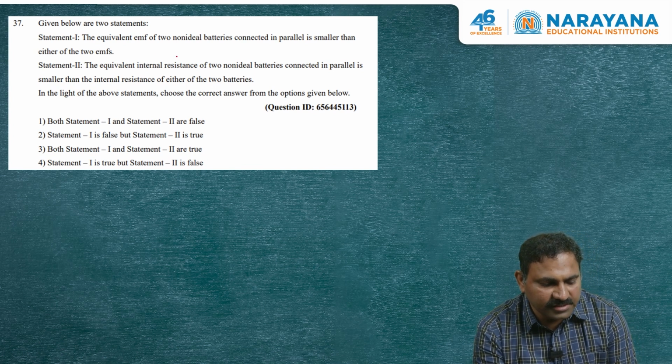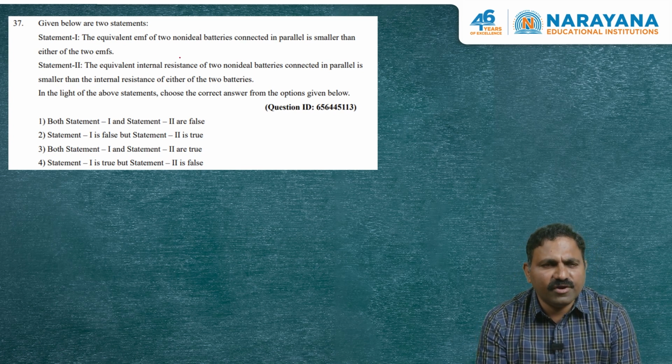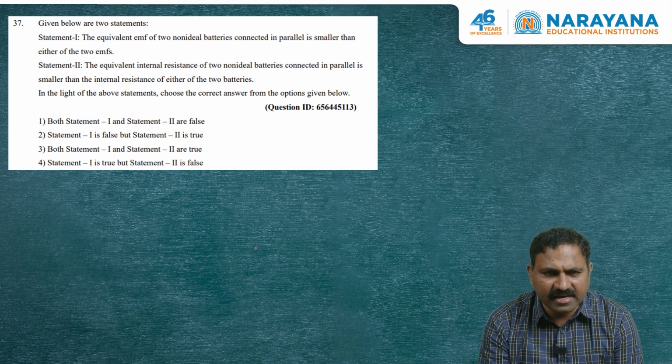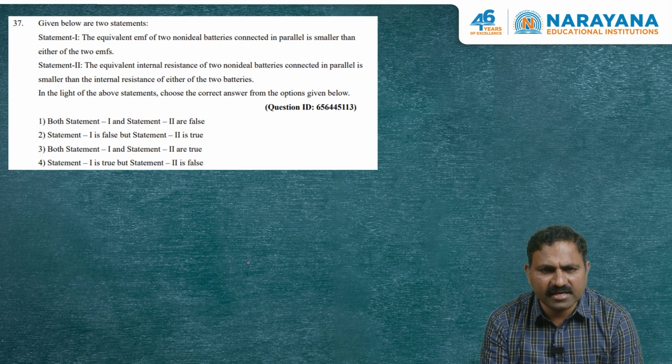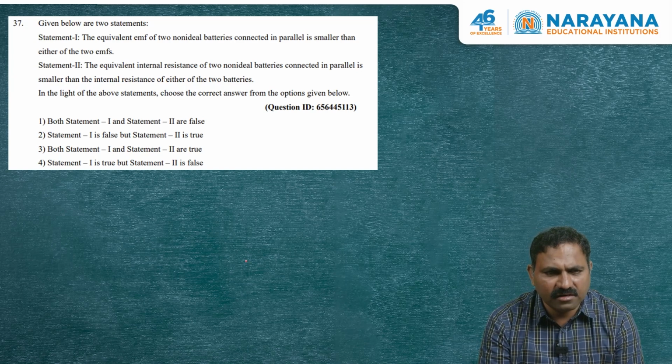Given below are two statements. The first statement: the equivalent EMF of two non-ideal batteries connected in parallel is smaller than either of the two EMFs. The second statement: the equivalent internal resistance of two non-ideal batteries connected in parallel is smaller than the internal resistance of either of the two batteries.